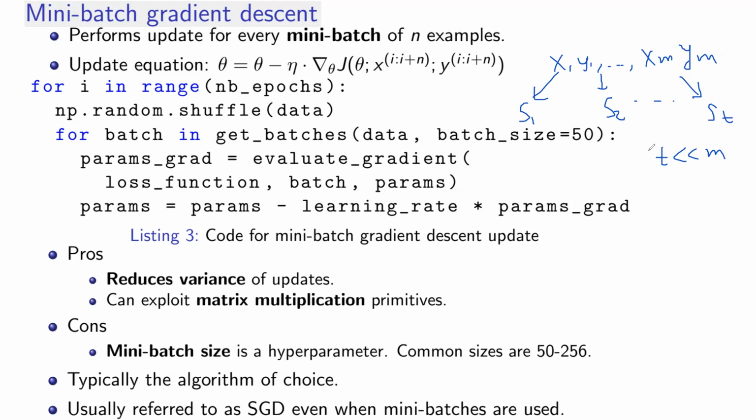So it must be larger than 1, because if it is equal to 1, it's just stochastic gradient descent. So now we select some values, and we want to calculate the gradient on those values only.